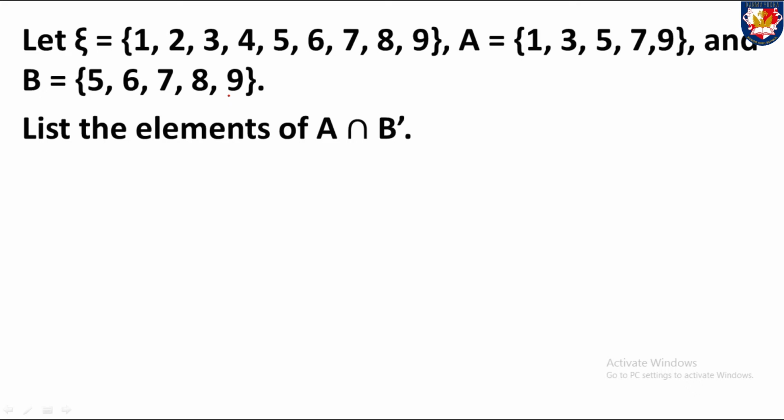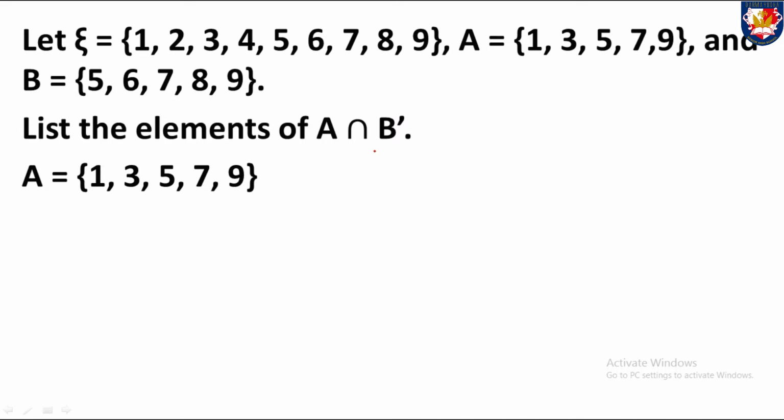The first way to find the elements of A intersection B complement is to list the elements of A and B complement. As we know from the question, the elements of set A are 1, 3, 5, 7, and 9. Then we find the elements of B complement.